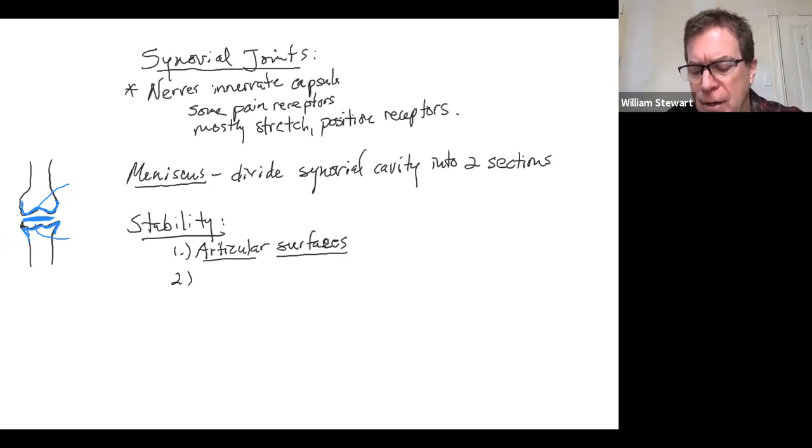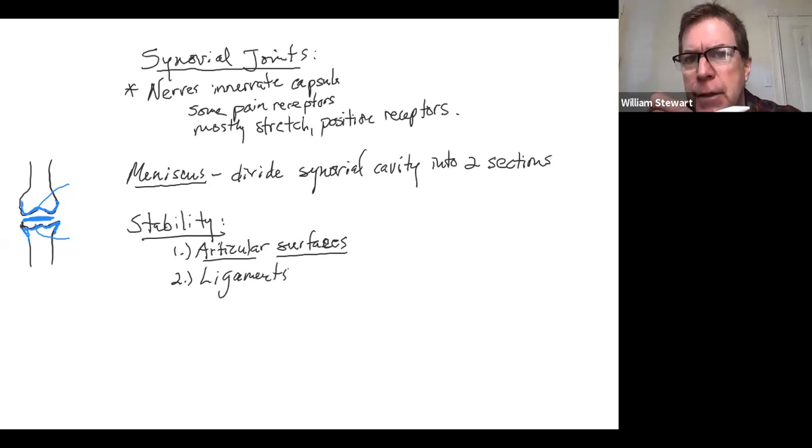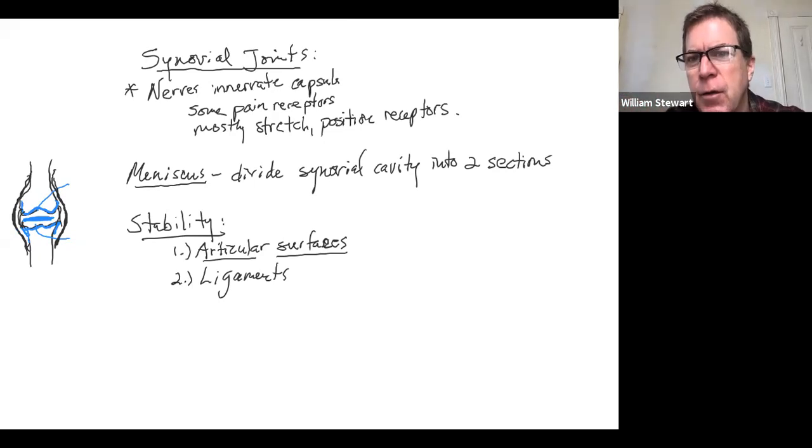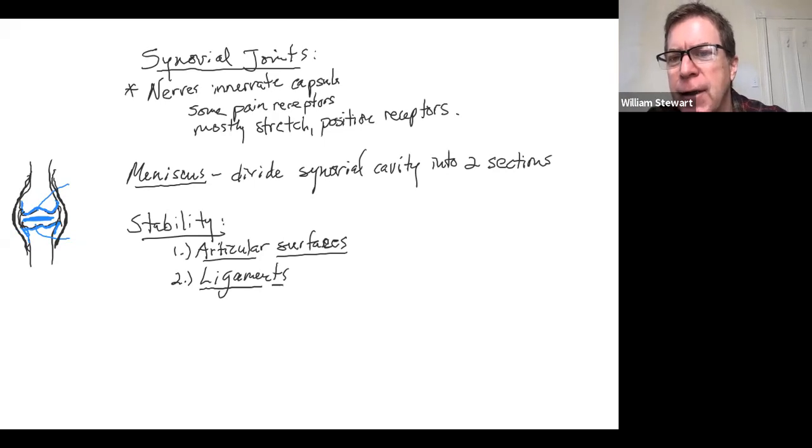The second factor is ligaments. Ligaments do help stabilize the joint. There's fibrous connective tissue creating a capsule here, but then there are ligaments that go from the periosteal surface of bone to bone, like this on the outside, say, of a synovial cavity or joint. Those ligaments do play more of a role in stabilizing the joint, but ligaments can stretch.